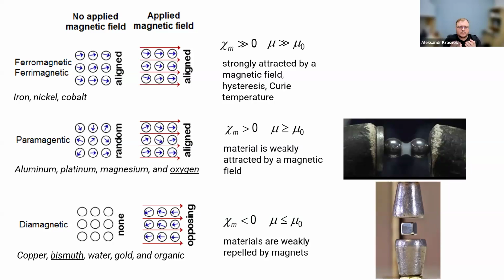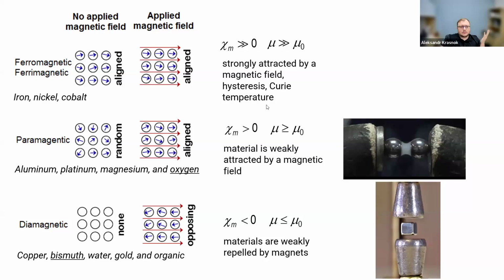VHS type of memory, and so on. So all this is based on hysteresis. The first type of computer memory also used ferromagnetic coils for the memory.